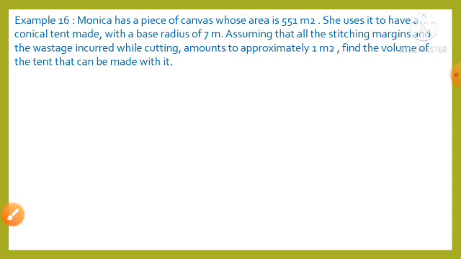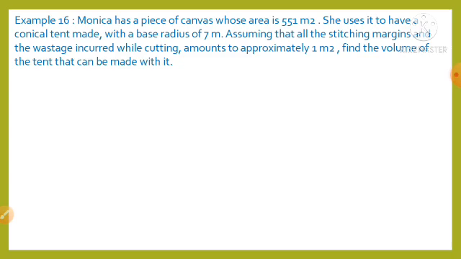Now example 16. Monica has a piece of canvas whose area is 551 meter square. She uses it to have a conical tent made with a base radius of 7 meter. Assuming that all the stitching margin and the wastage incurred while cutting amounts to approximately 1 meter square, find the volume of the tent that can be made with it.